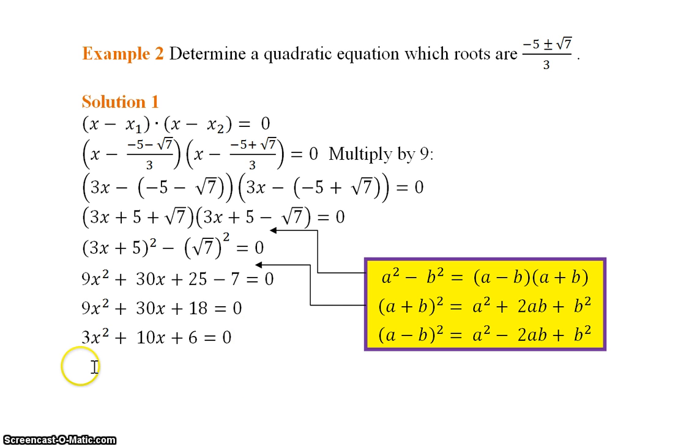This is the quadratic equation in standard form with the given roots. So please pay attention, these three formulas are very important. You must know them very well. Now we will discuss the second approach, how we can solve this problem easier.